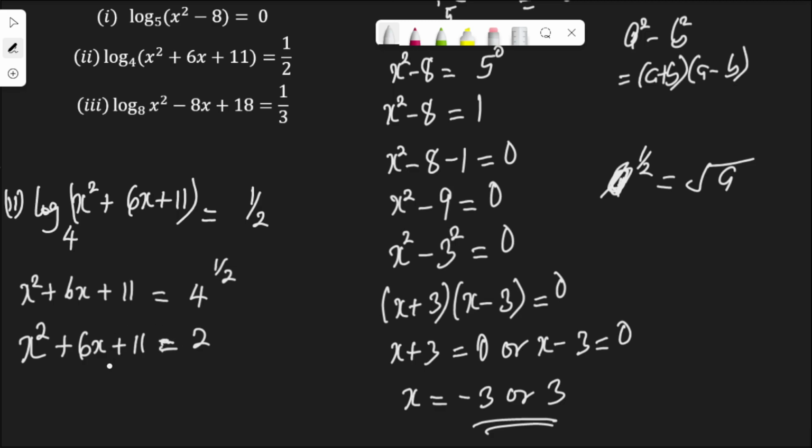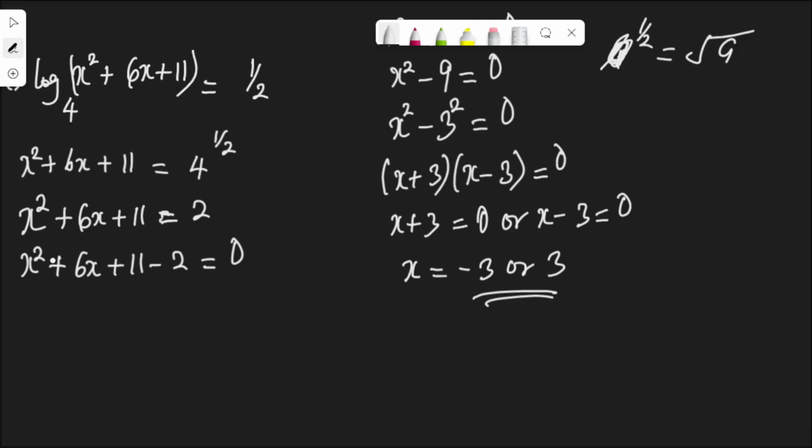Taking 2 to this side, I will have x squared plus 6x plus 11 minus 2 equal to 0. 11 minus 2 is 9. Therefore, x squared plus 6x plus 9 is equal to 0.